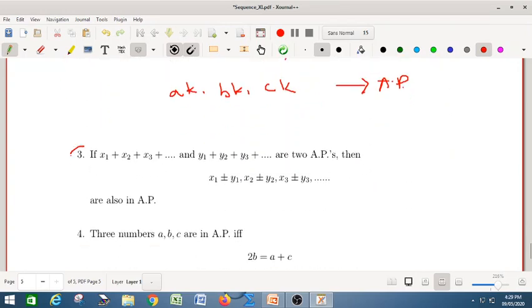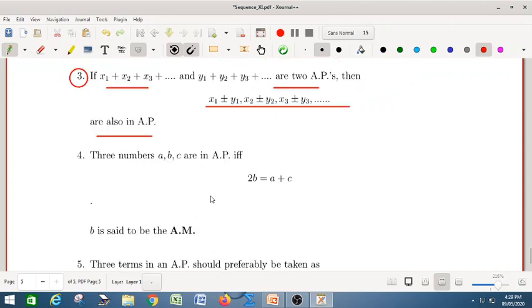Now number 3: if x1, x2, x3 and y1, y2, y3 are two series in AP, then their sum or difference, x1 plus or minus y1, x2 plus or minus y2, x3 plus or minus y3, is also in AP.